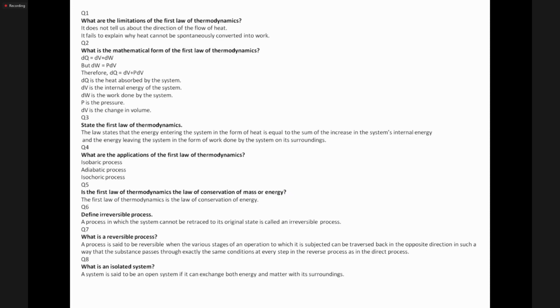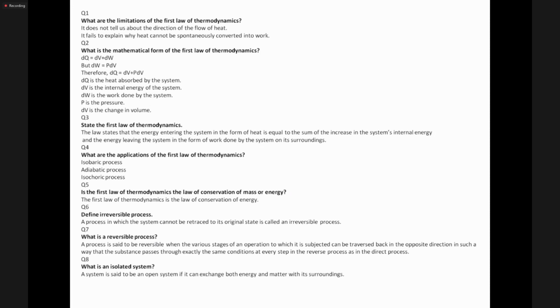Secondly, what is the mathematical form of the first law of thermodynamics? We have dq is equal to dU plus dw, but dw is equal to P dV. So dq is equal to dU plus P dV. Here dq is the heat absorbed by the system, dU is the change in internal energy of the system, and dw is the work done by the system.